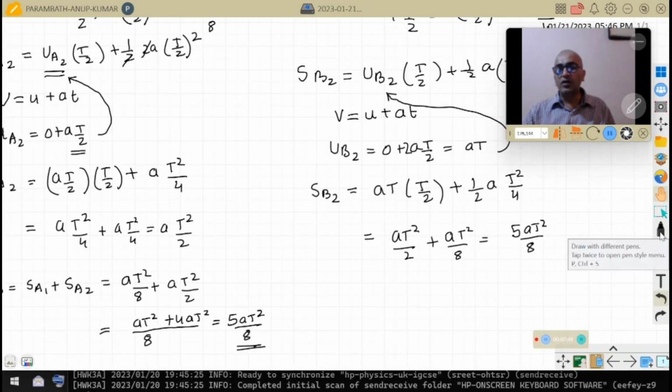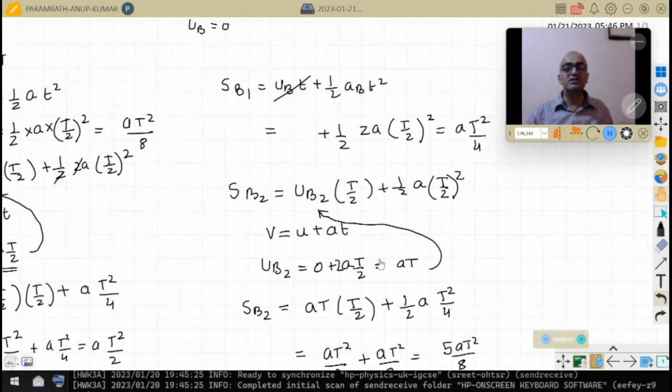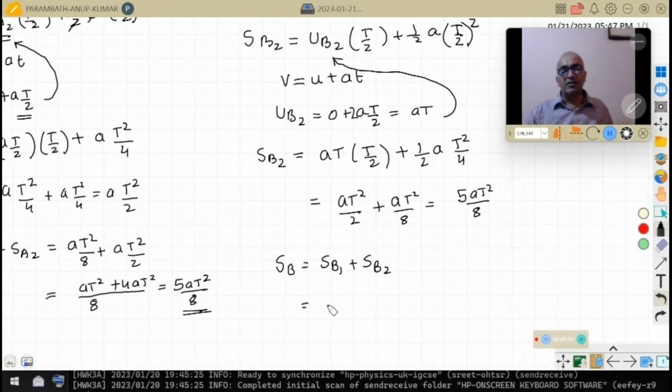I have total SB equal to SB1 plus SB2, displacement in the first half plus displacement in the second half. I have the displacement in the first half as at squared by 4, so at squared by 4 plus 5at squared by 8. So I have this total equal to 2at squared plus 5at squared, that is 7at squared divided by 8.